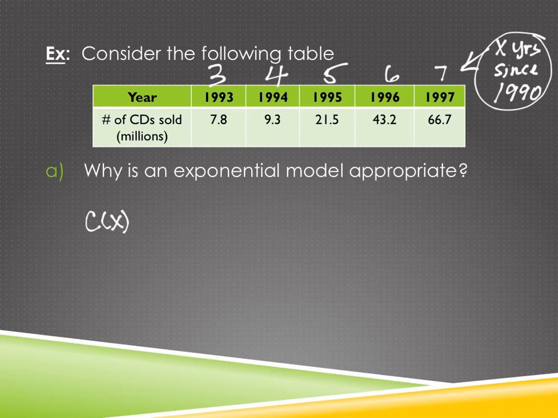And again, you want to store it in the regression equation Y1. Vars, Y-Vars, Function, Y1. And if you hit Y equals, it'll put it all in there for you. This is 1.161 times 1.791 to the x.